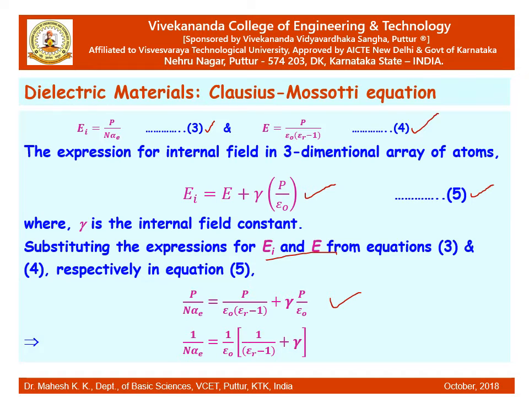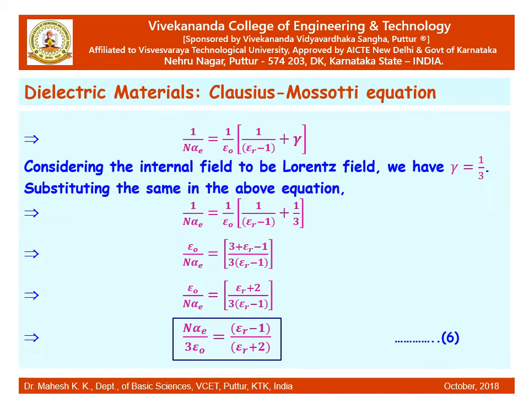By rearranging, all the P's get cancelled, and the remaining is 1 over n alpha_e on the left hand side, and on the right hand side, epsilon naught can be taken out. So it is 1 over epsilon naught into [1 by (epsilon r minus 1) plus gamma]. Let me keep the last equation in this slide also.